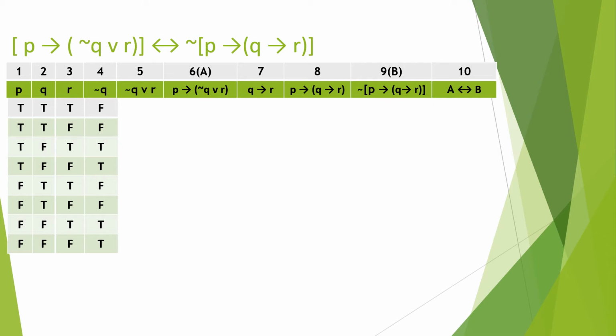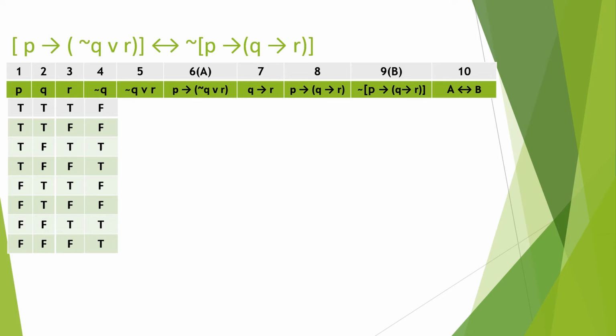Now for the fifth column, negation Q or R, that is negation Q, disjunction R. For disjunction, if one of the statements is true, it is true. So consider column number 3 and column number 4. It is false only when both are false.